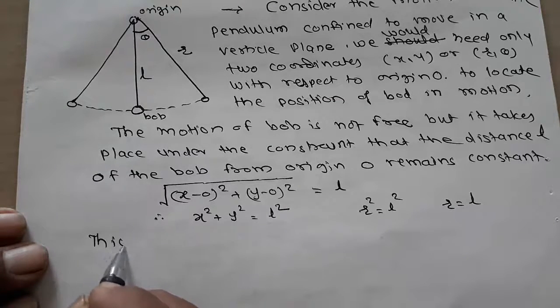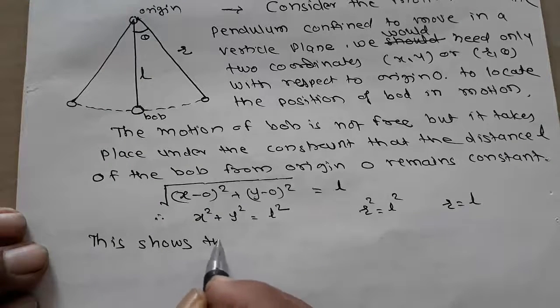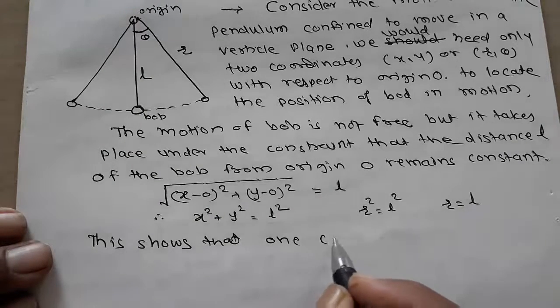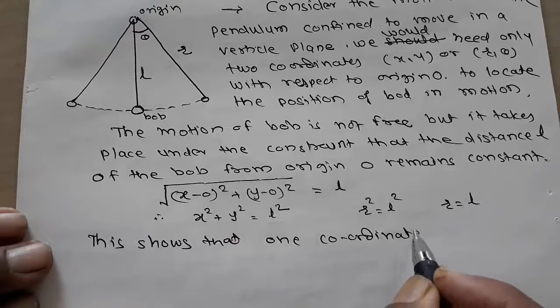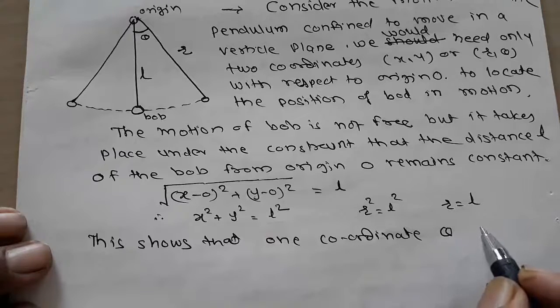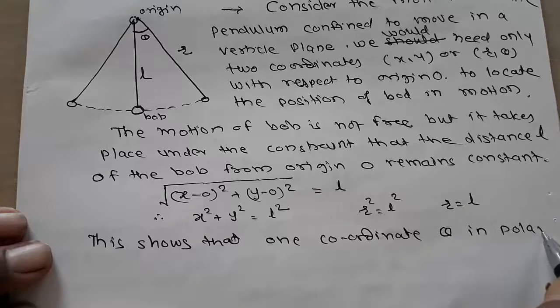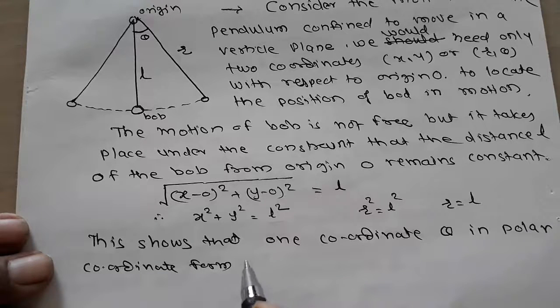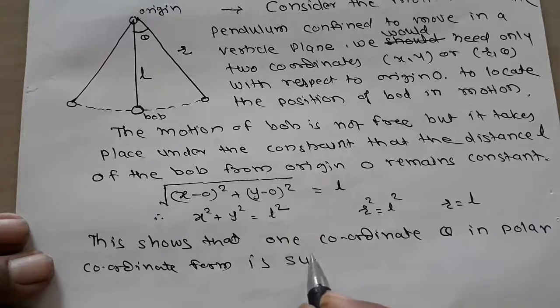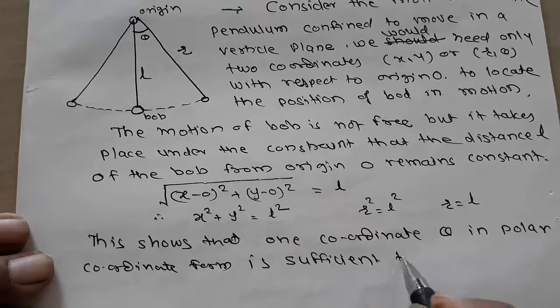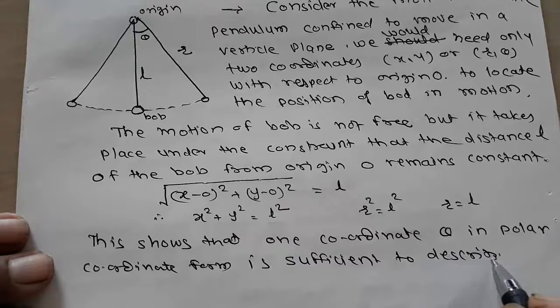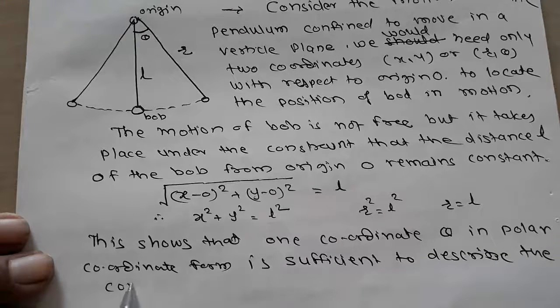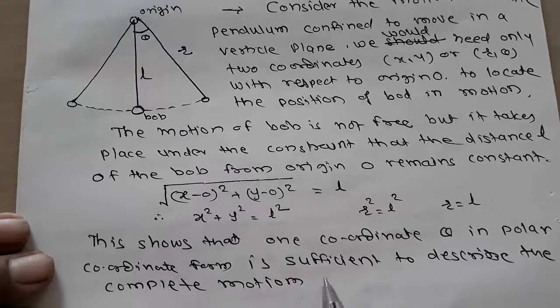This shows that one coordinate, that is theta in polar coordinate form, is sufficient to describe the complete motion of the bob.